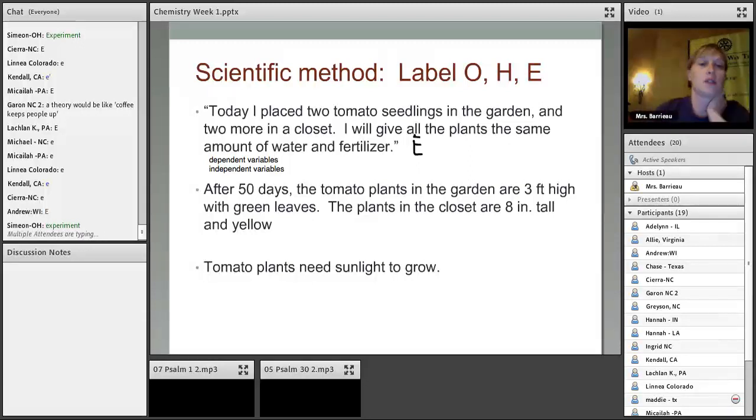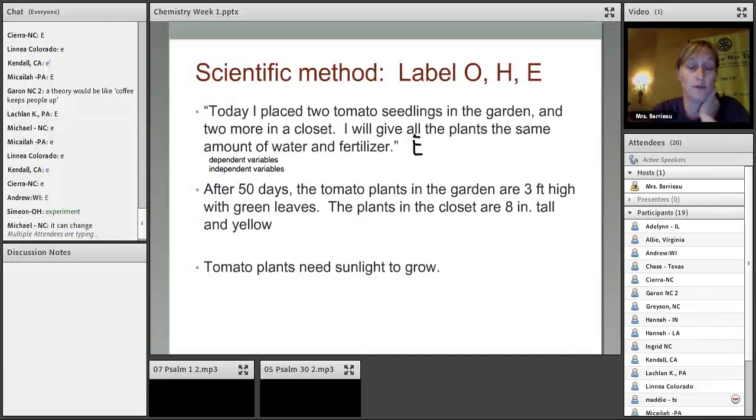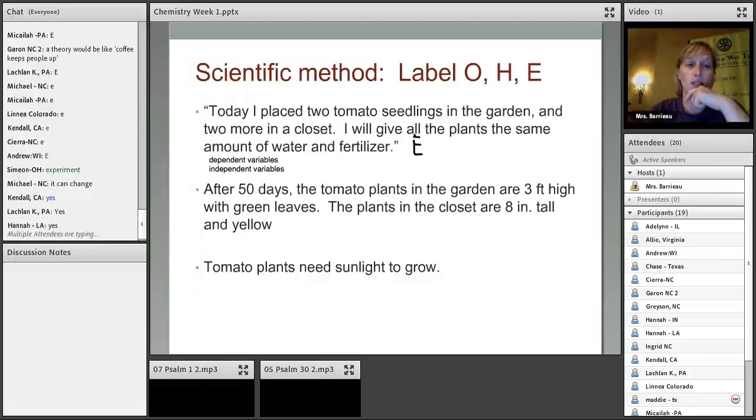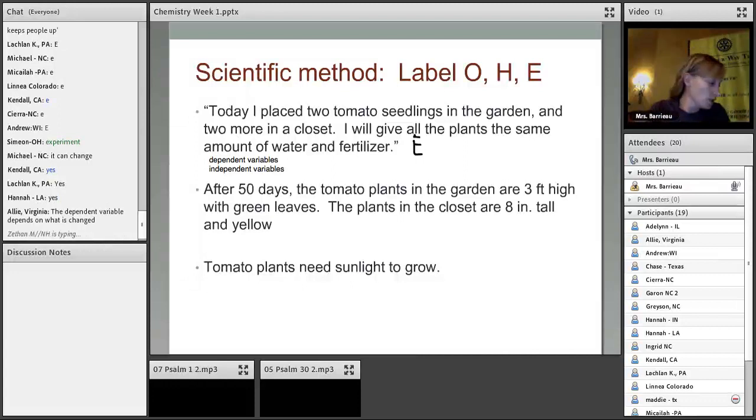Can somebody tell me what a dependent variable is? Does the dependent variable change? That's right, the dependent variables can change. So the dependent variables are the ones that are affected when you make a change in the experiment. Okay?